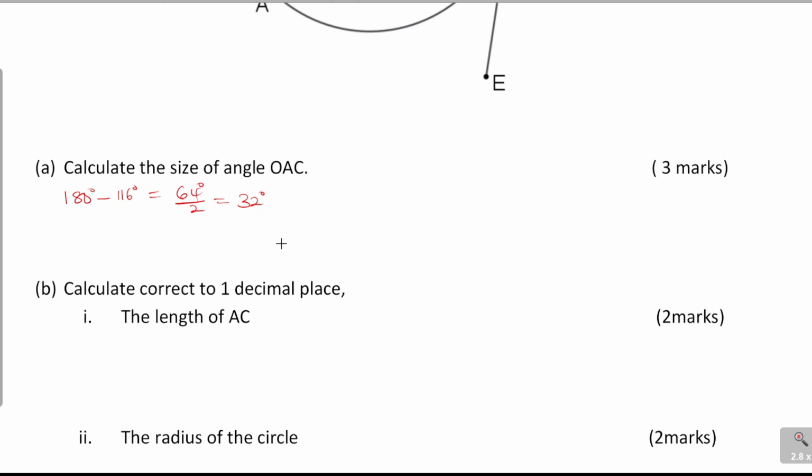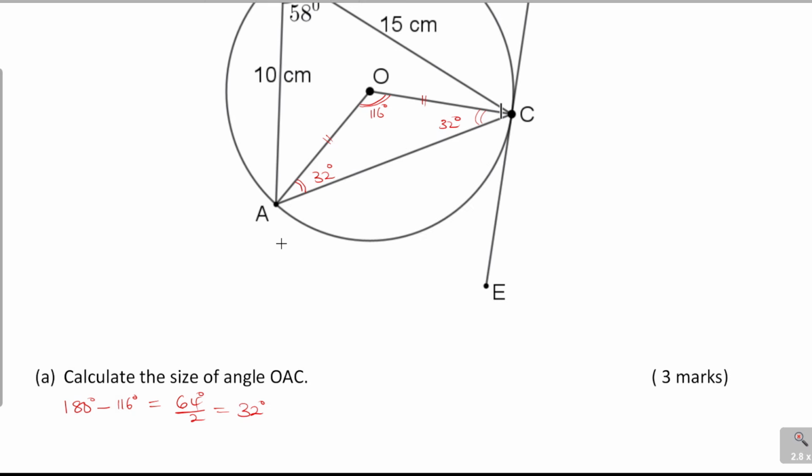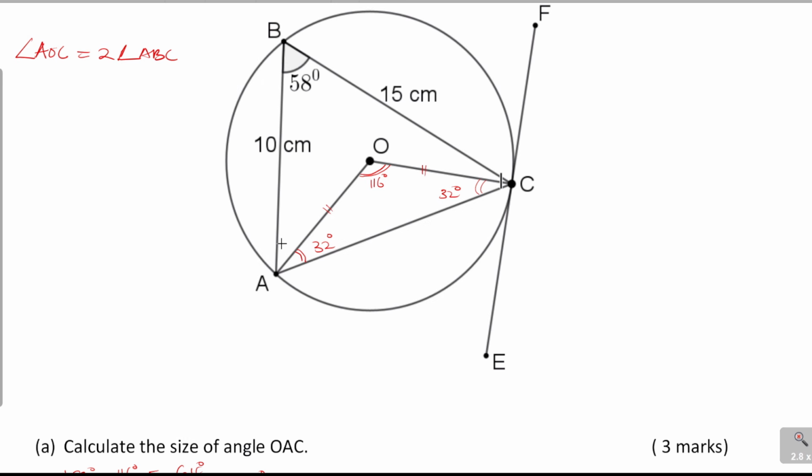You're going to use the cosine rule. So let me use the cosine rule. The cosine rule will go like this. So you get AC squared.